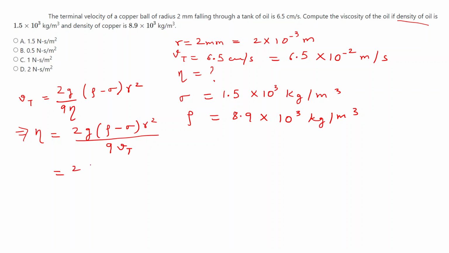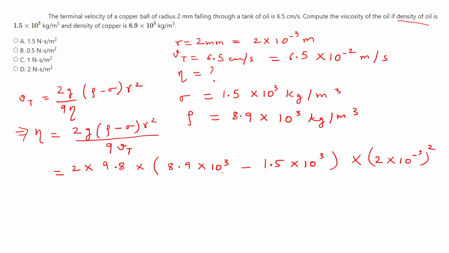Now substituting the values, g is 9.8 meter per second square, density of body is 8.9 times 10 to the power 3 minus density of liquid is 1.5 times 10 to the power 3 kg per meter cube, and then the square of radius is this 2 times 10 to the power minus 3 meter, square of that.